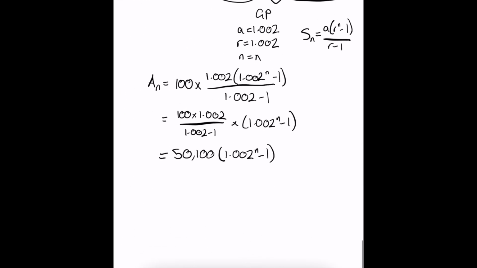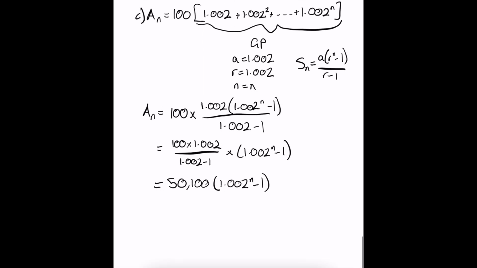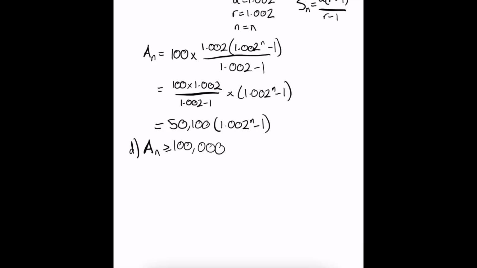Now part D, if we scroll up, says hence find how many weeks it will be before the couple has $100,000. This is just saying after how many weeks, n weeks, will the amount AN be greater than or equal to $100,000. It's very simple, considering we already have this simple formula for AN.